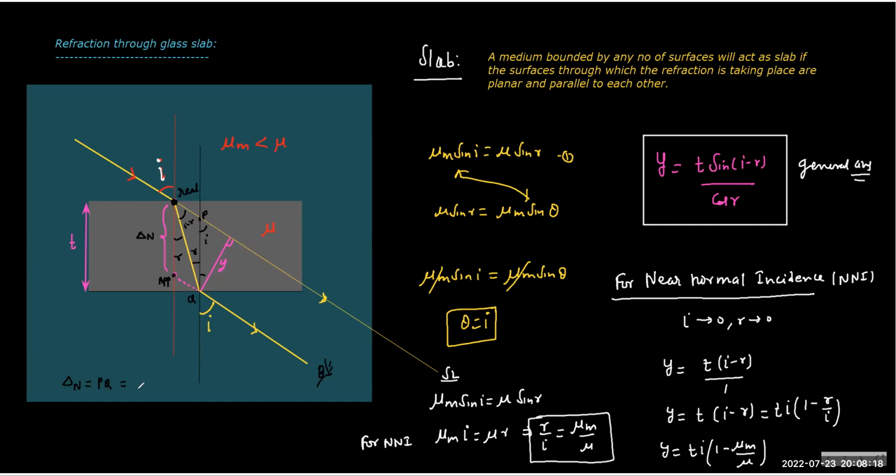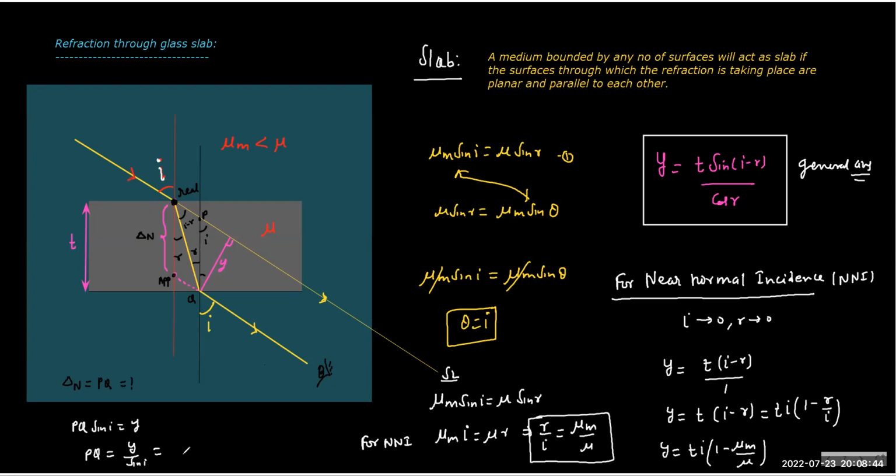PQ sine i is y, right? So I'm deriving here only. PQ sine i is y. So PQ is how much? y by sine i.